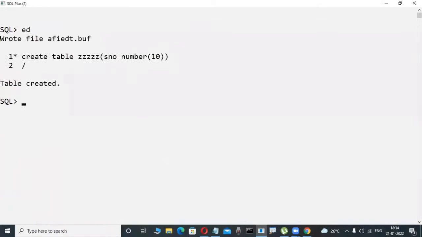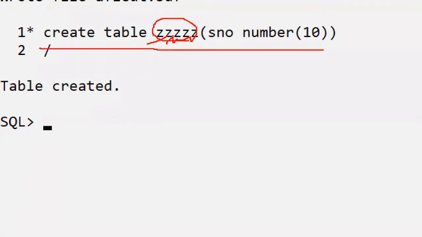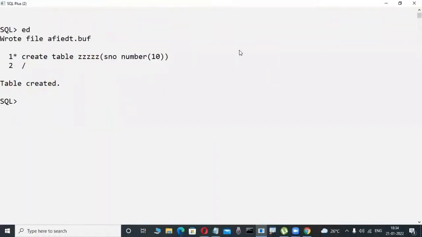This table is created. Z is the name I'm giving. I'm creating the table only in my Oracle database, or SQL Server database, or MySQL database. The table is created. Slowly observe it here.